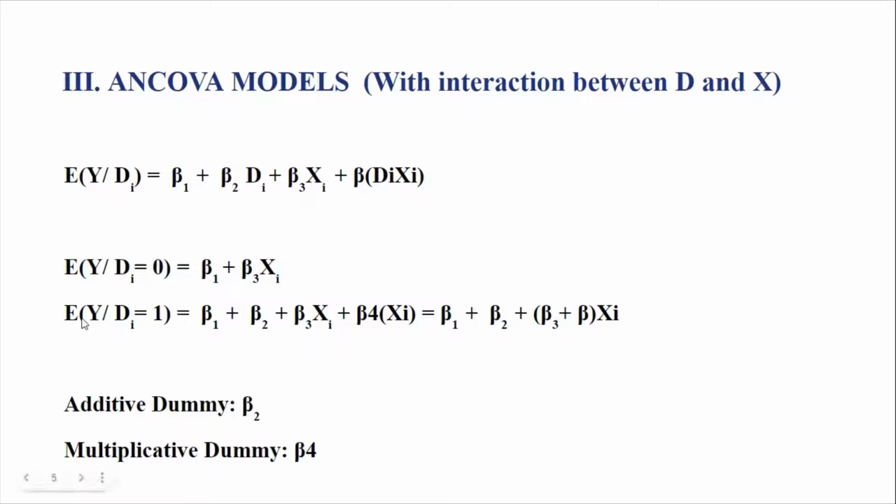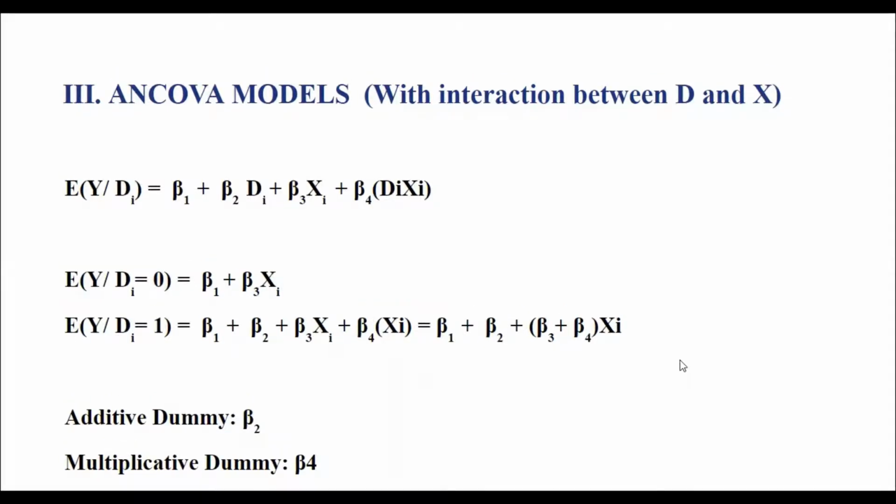Now, next is the expected value of y for given di equal to 1. So this would be beta 1 plus beta 2 plus beta 3 xi plus beta 4 xi, which we can further write as beta 1 plus beta 2 plus beta 3 plus beta 4 xi, right? Now, in this equation, you can see beta 2 has been added as compared to the previous equations. So beta 2 here represents the additive dummy, and beta 4 represents the multiplicative dummy.